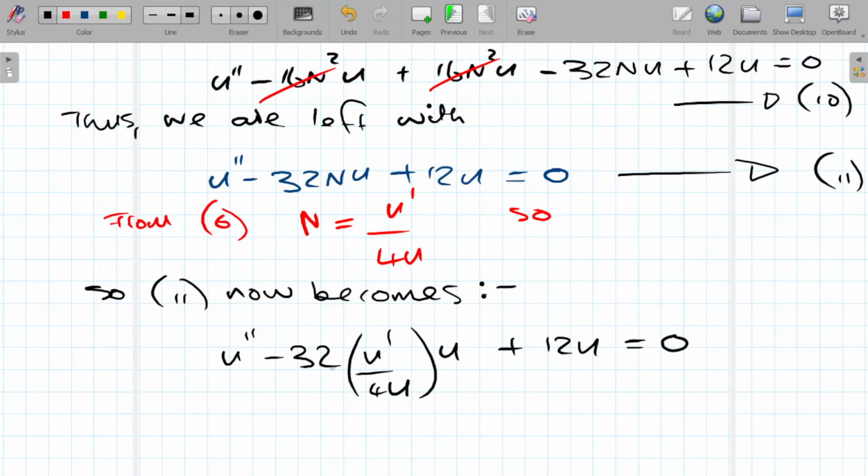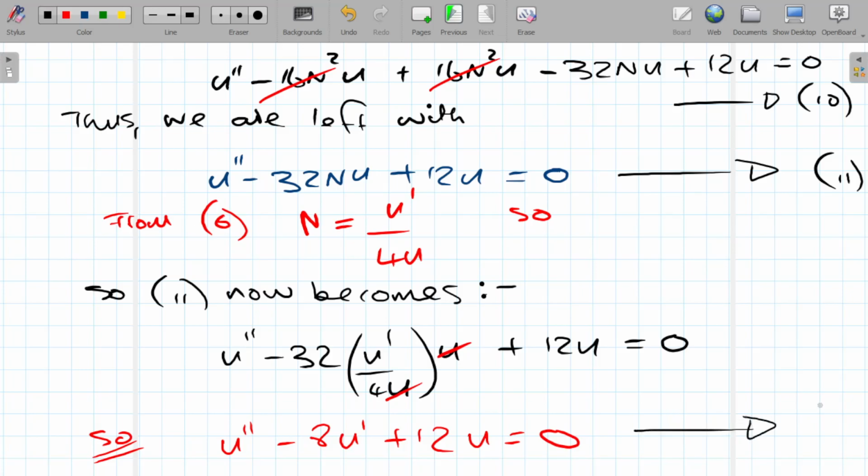Right, so simplifying, you can see that the u's cancel and 32 divided by 4 is 8. So we have u double prime minus 8u prime plus 12u equal to 0. And I'm going to give that a label. So we call that equation 12.